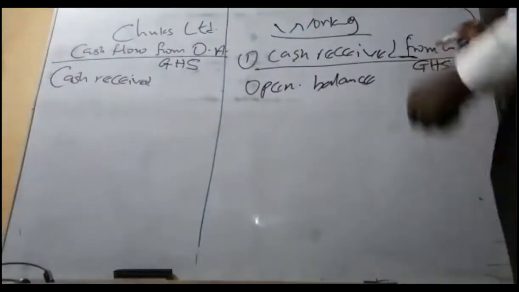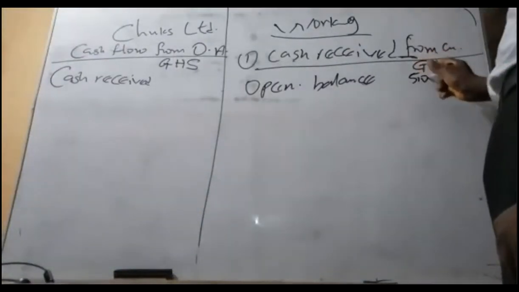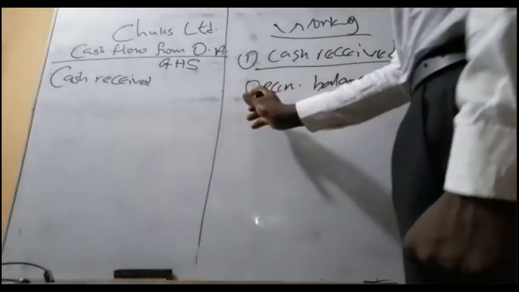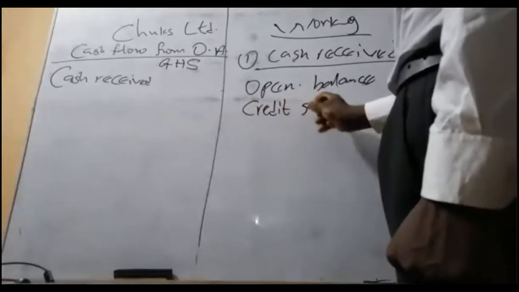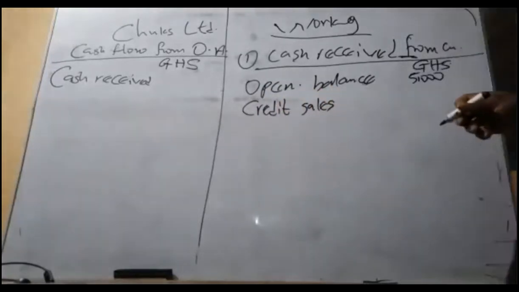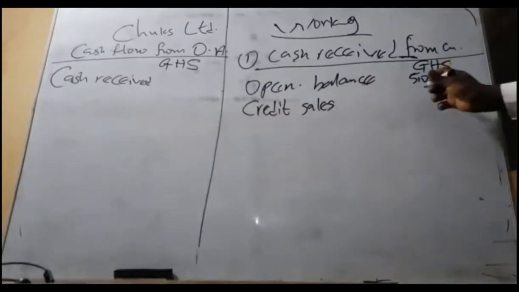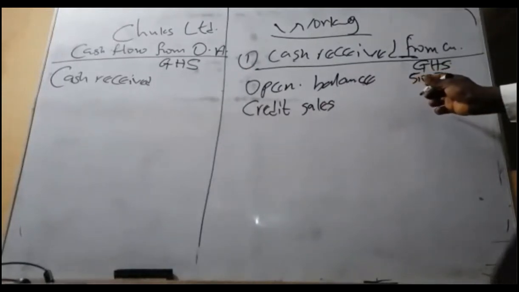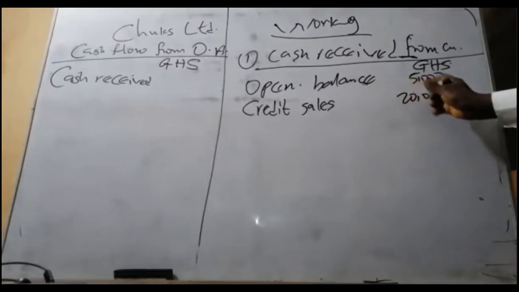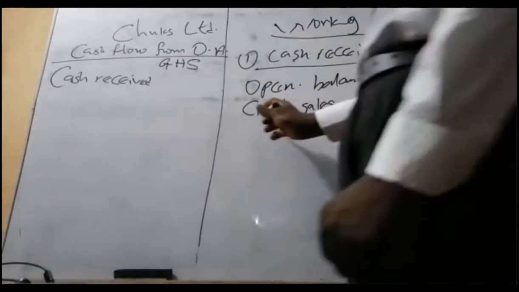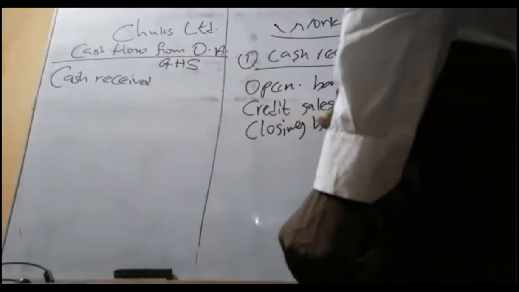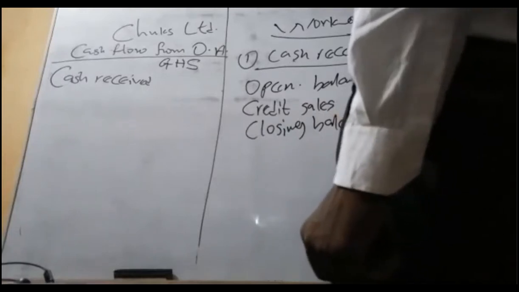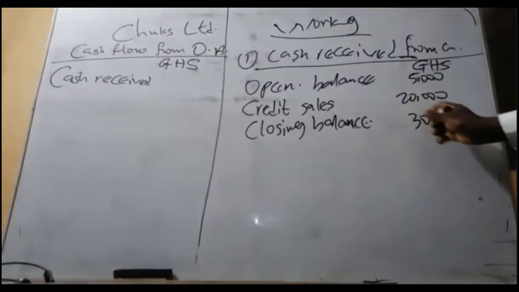So let's go and include it. Open balance 5,000. Then I'll add my credit sales to it, or just total sales, which happens to be 20,000. Then less closing balance, which is 3,000.